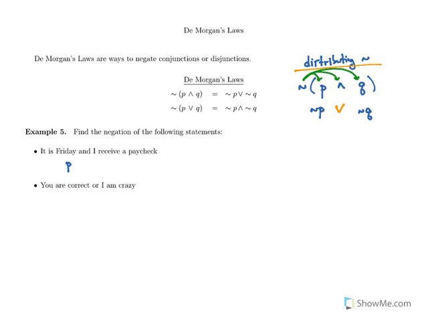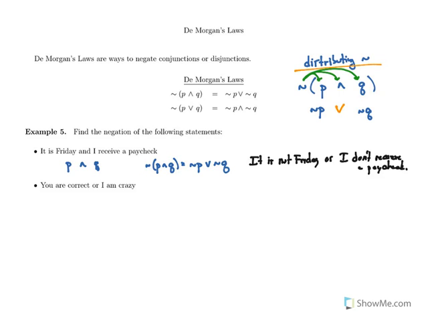So this is like our P and Q. So the negation of this will be not P or not Q. We can write that as, it is not Friday, or I don't receive a paycheck. The opposite of the first statement or the opposite of the second statement.